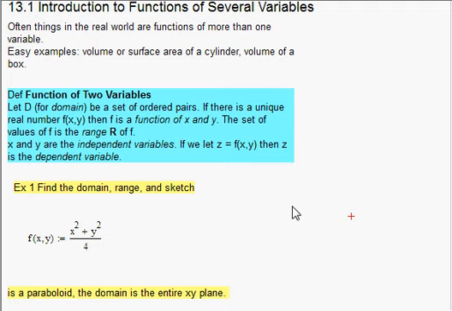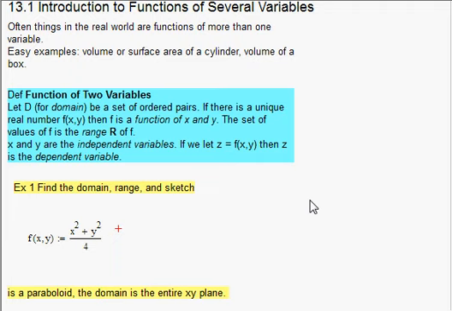Well, the domain of a function f of xy equals x squared plus y squared over 4, that doesn't really have any issues that we must be concerned with, because x squared plus y squared is a polynomial in 2 variables, and the domain of a polynomial function is all numbers. So the domain of this one is all numbers, but pause for a second and think about what the range of this might be.